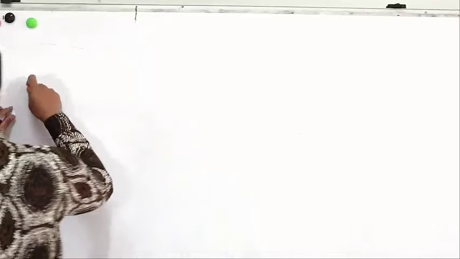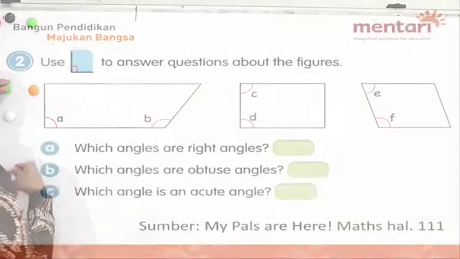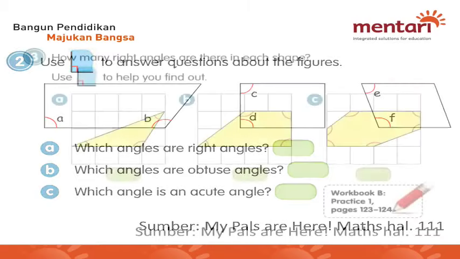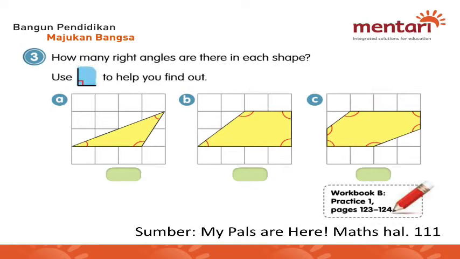This is number 3. This is a practice. The aim of this practice is to identify the types of angle. We have right angle, obtuse angle, and acute angle.